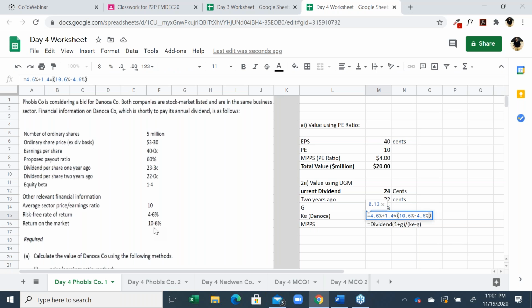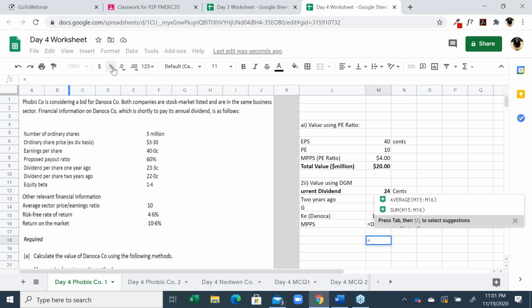Shariar, I just said that while using DGM, the dividend growth model, for valuing a company, we must always take the cost of equity of the target company. That is the company for which we need to find out the value. It's 13%. Now we have found everything that we need for the dividend growth model.